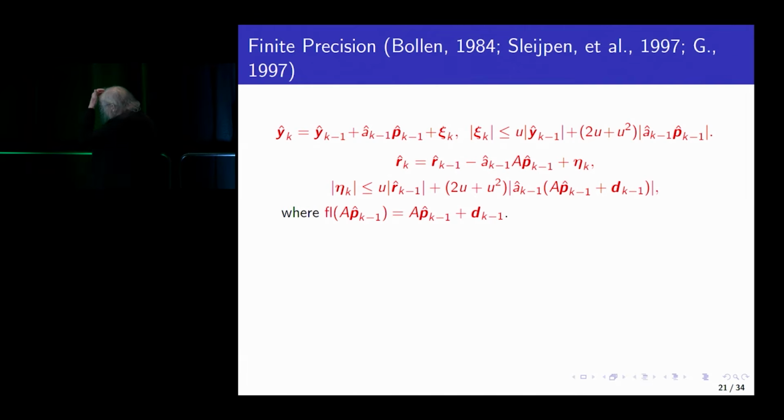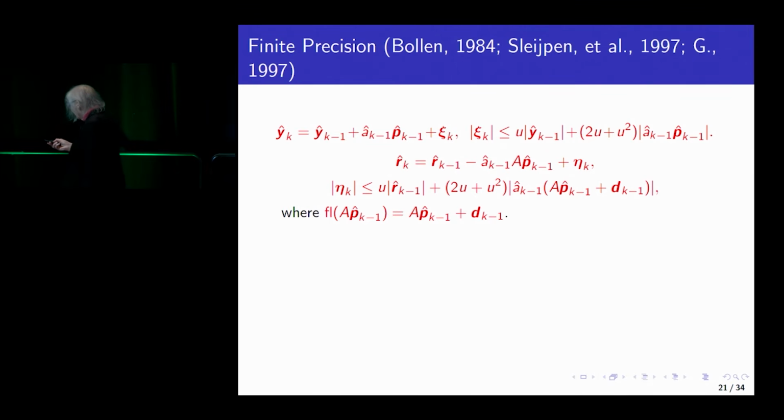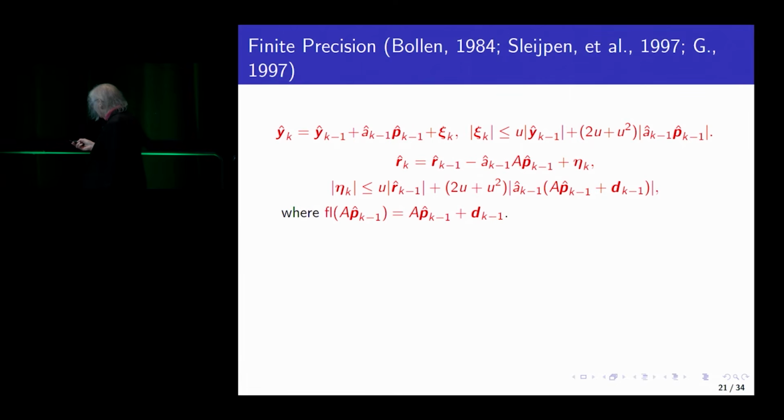What happens in finite precision arithmetic? Well, you update yk and make an error that is small compared to the size of yk minus 1. And you update rk using the same formula, and you make an error.